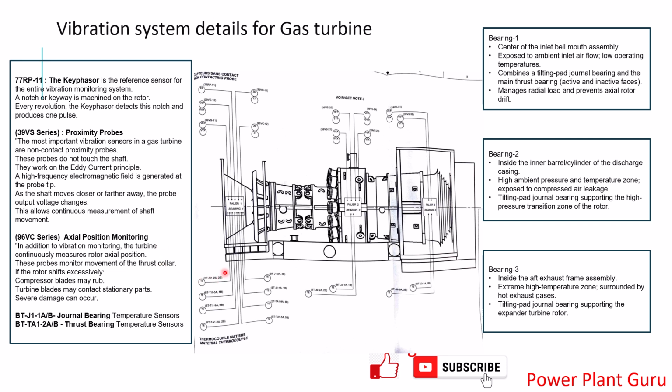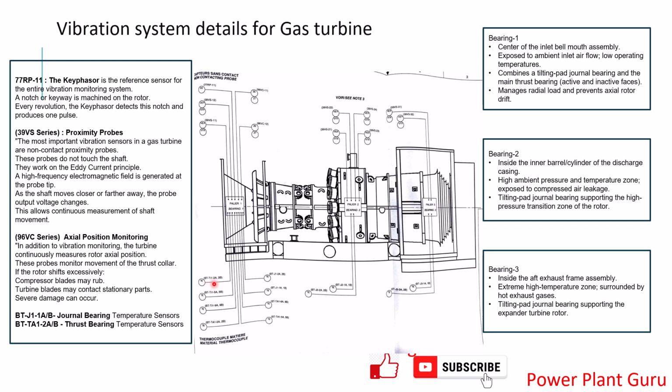And then you have your bearing temperature monitoring system, BT. If you see, there are two types, BTJ and BTT. BTJ is for the general bearing, BTT is for your thrust bearing. All those temperature sensors will be marked accordingly. You can pause the video and watch how individual sensors are placed for each bearing.